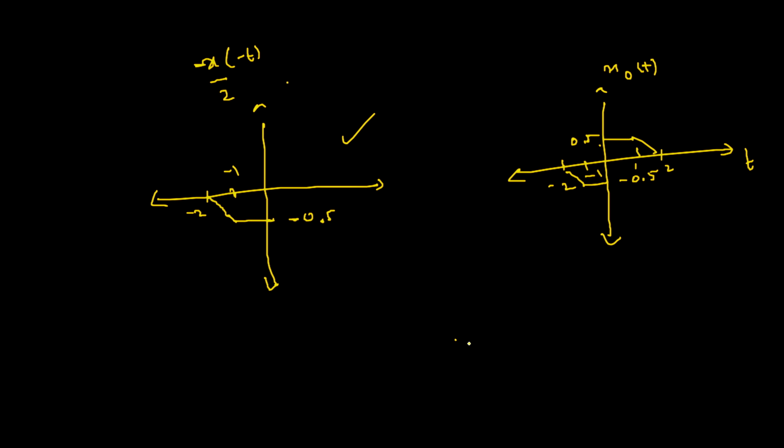All right. So the next type of function that we'll be looking at is periodic and aperiodic. A periodic function is a function which repeats the same pattern after a given period of time.